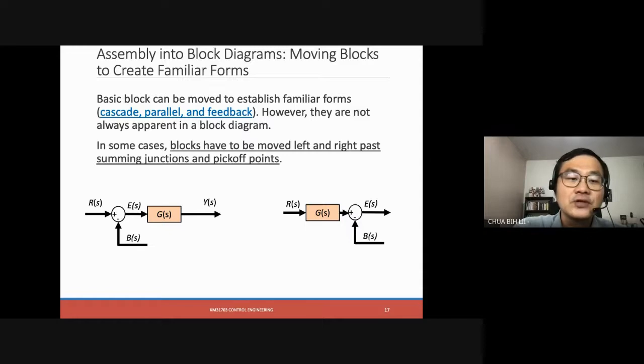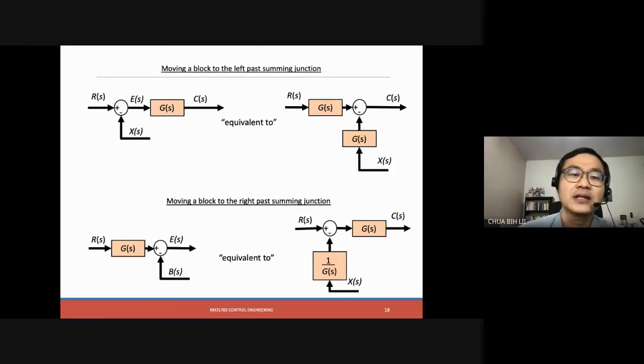Here is one of the examples of how you can shift it. If you have a block diagram over here, and the summing junction is on the left hand side, and you would like to move the block before the summing junction, it is possible. This is our main purpose, to rearrange, and you would see the benefits later on, right?